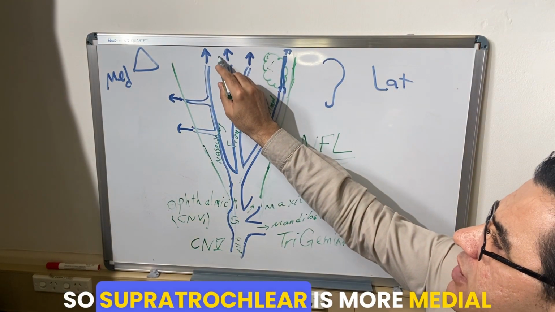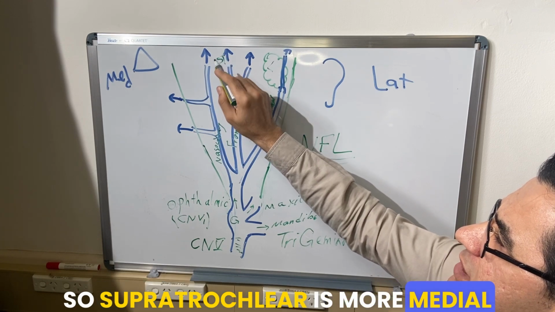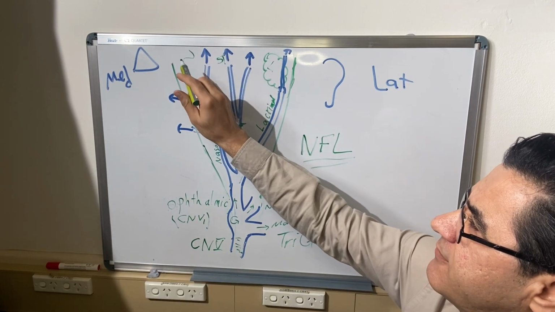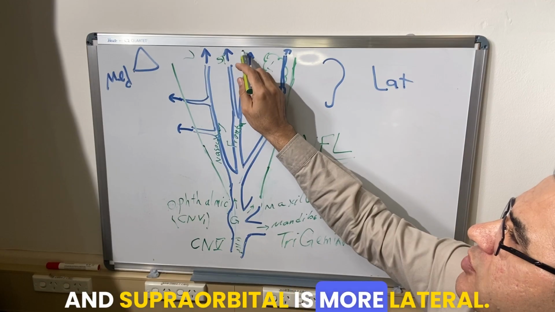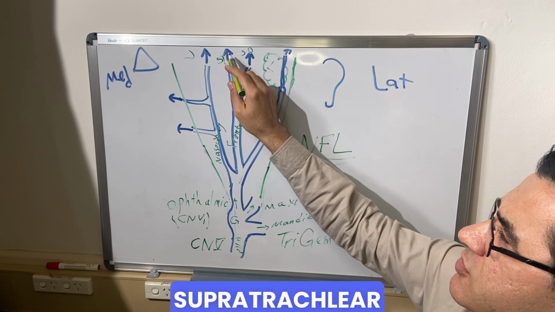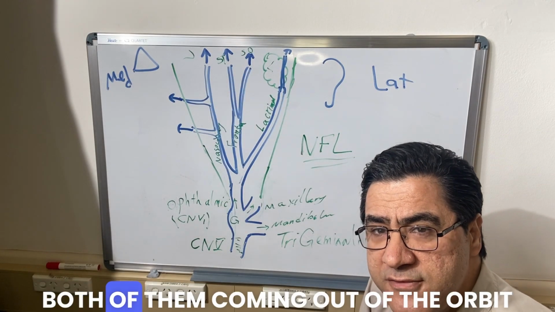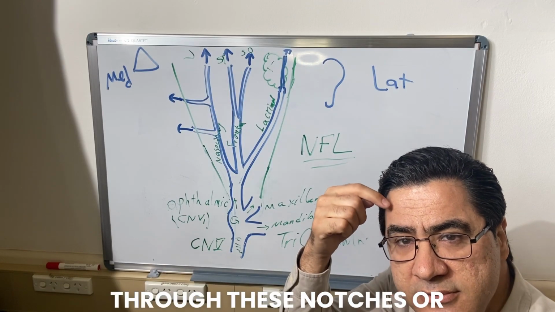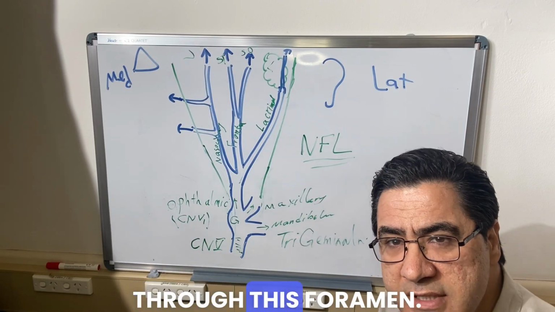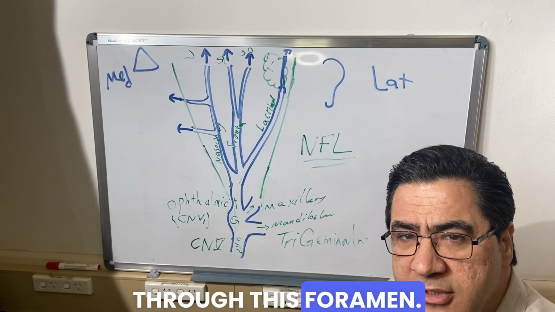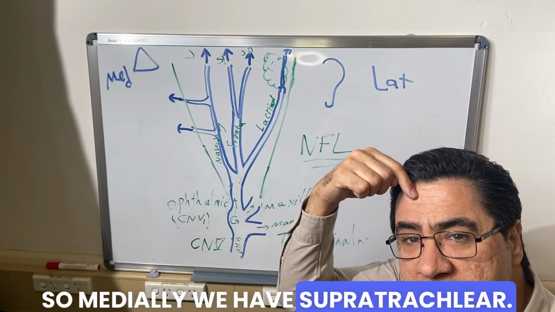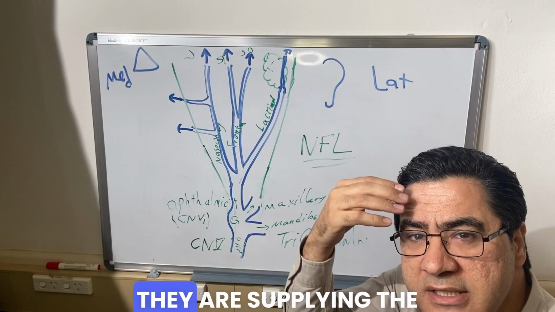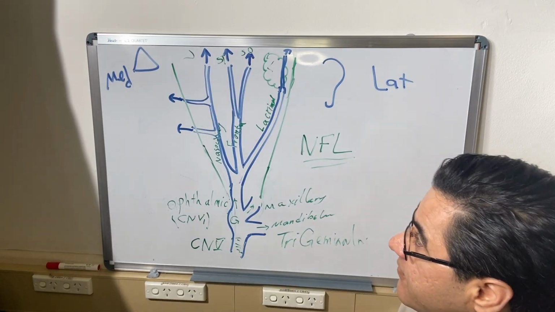Supratrochlear is more medial because the trochlea is here, and supraorbital is more lateral. Both of them come out of the orbit through these notches or through this foramen. So medially we have supratrochlear, lateral we have supraorbital. They are supplying the skin on the forehead.